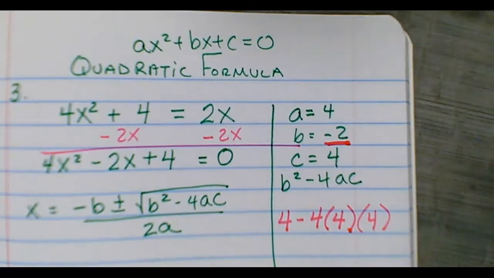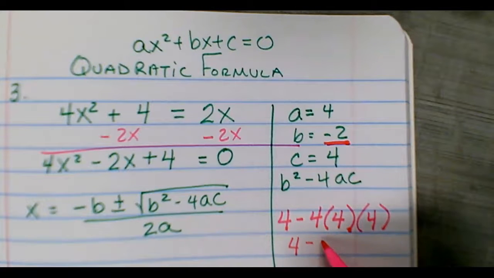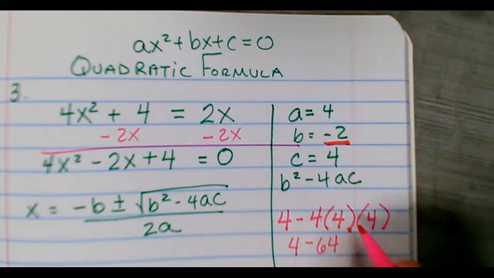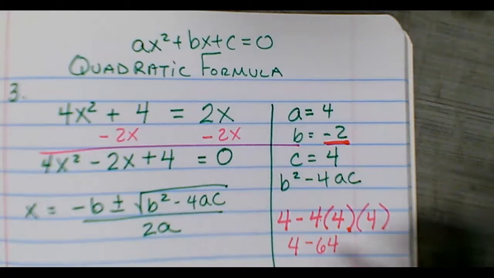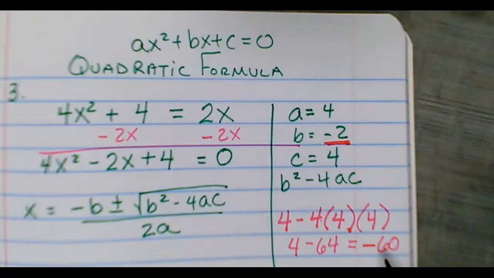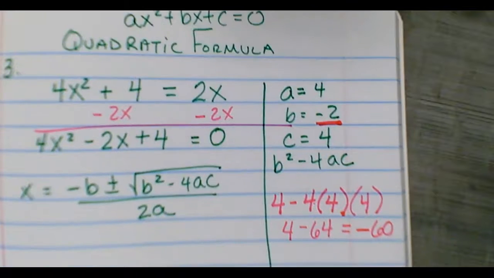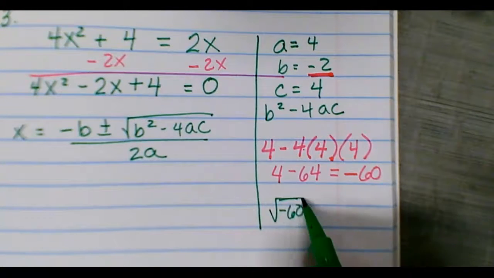We ended up with a lot of 4's. 4 minus 64. 4 times 4 times 4 is 64. So this is equal to minus 60. This is the discriminant. Minus 60 is the discriminant, and the discriminant is underneath the square root sign.